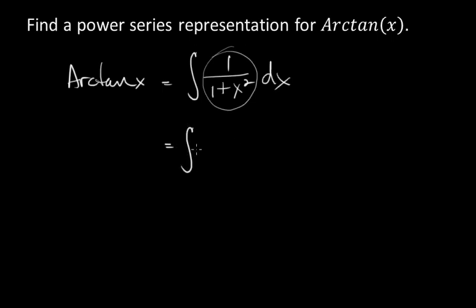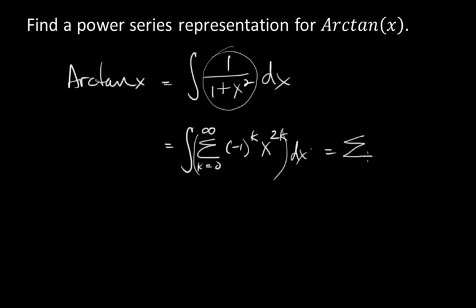Well, I'm going to do this two ways. If you're using the summation notation, then we had the integral of the sum from k equals 0 to infinity of minus 1 to the k, just look back, we just found this one, x to the 2k, dx, which is equal to the sum from k equals 0 to infinity of the integral of minus 1 to the k, x to the 2k dx.